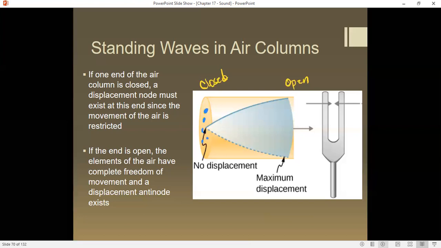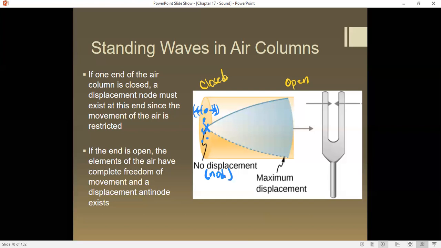So their movement is going to be 0. We're going to get a displacement node at the closed end, no movement there, corresponding to 0 movement.